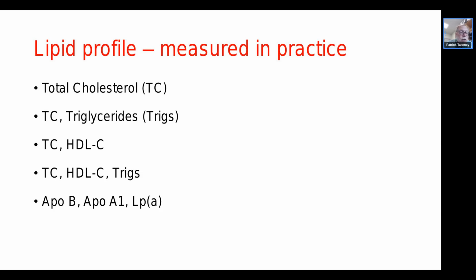And then some approaches are ApoB, ApoA1, and LPA. So there is a lot of heterogeneity around the world. Labs do try to standardize that and have their own particular profile, and it can also depend on what insurance systems offer, or similarly universal coverage.